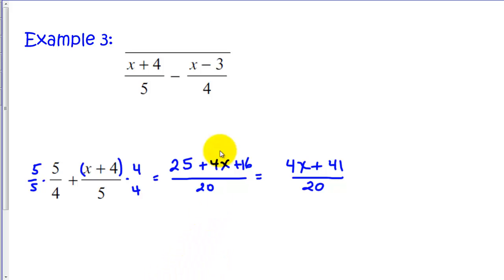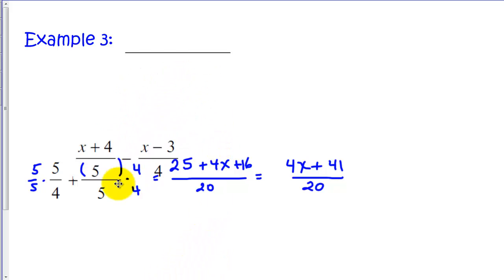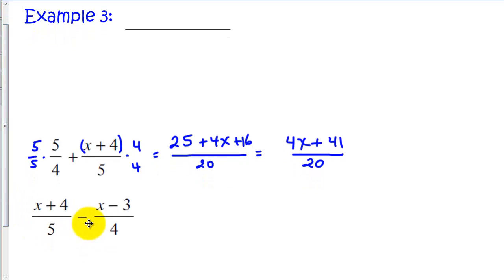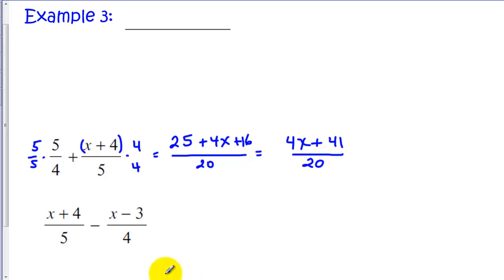Let's now simplify our denominator. So let's pull that off to the side. We want to do the same thing again. We need to get a common denominator. So I'm going to multiply this by 4 over 4. Again, 4 is times the entire thing. And I'm going to multiply here by 5 over 5. Now since this is a subtraction, I'm going to make it the addition of the negative of this. So I'm going to put that negative right here.